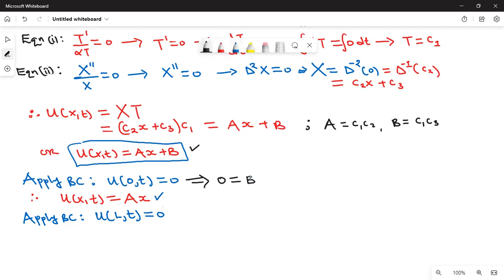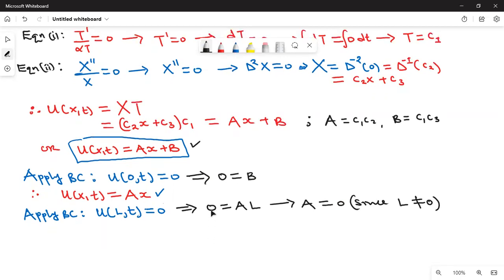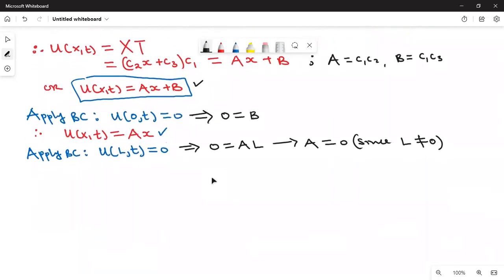So again, when we substitute X equal to L, we get 0 is equal to A times L. But note that L is not equal to 0. So from here, A will automatically be equal to 0, since L is not equal to 0.